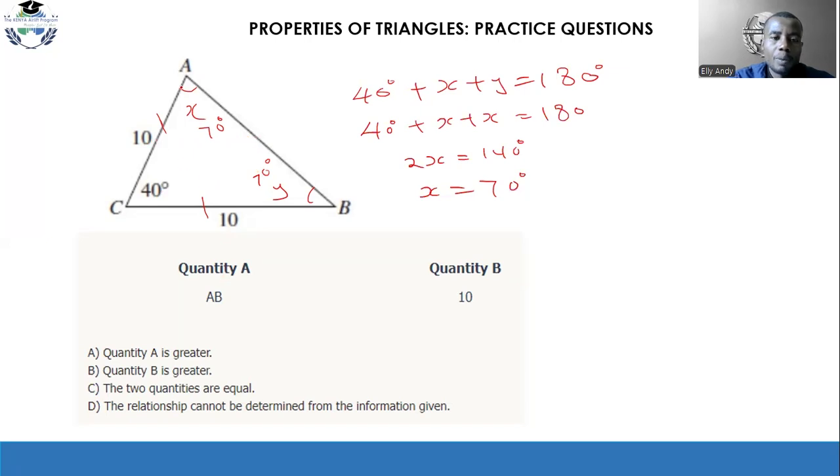So AB, which is what we want, is opposite 40. So it will be shorter than the side opposite 70. So in this case, AB will be less than 10, or you can say quantity B is greater.